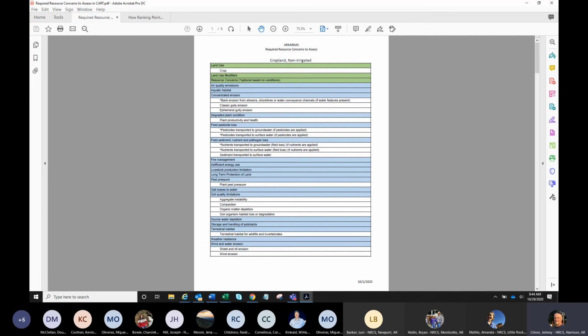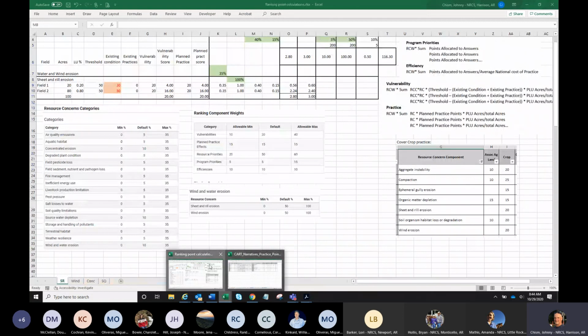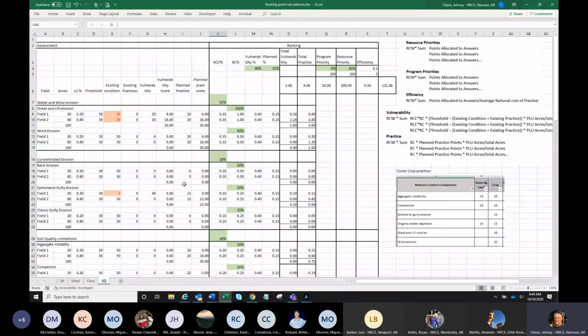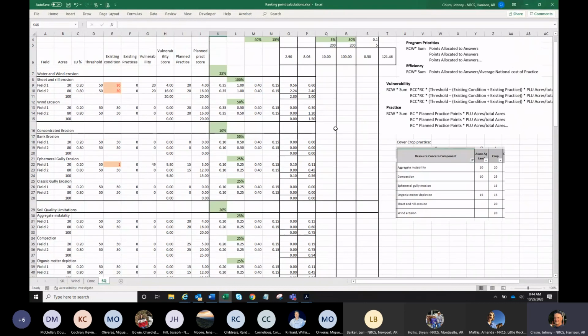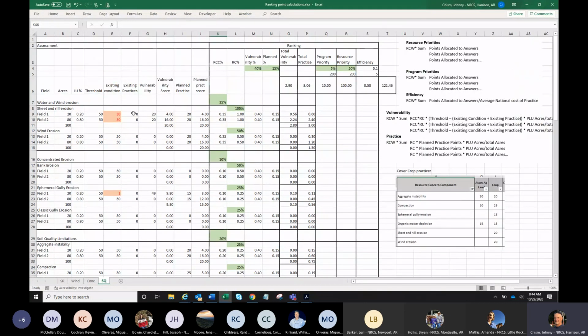But hopefully this gives you a little bit of a view behind the curtain, if you will, to see the number of resource concerns that we're assessing, the number of practices we're putting in, and the acres in the field of the total. Some of those things can make a big difference in our ranking score. So, as long as everybody does these consistently, I think it will help to make our ranking more consistent.